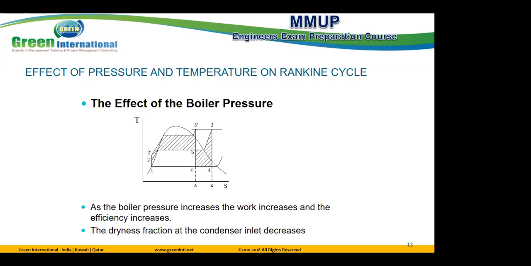Because the pressure increases, the temperature at which boiling starts increases, and the range to change from liquid to steam is not a big range. So overall the efficiency increases. Dryness fraction in this case also decreases.